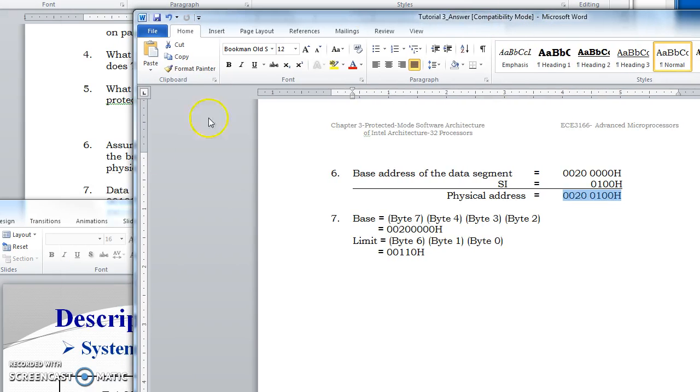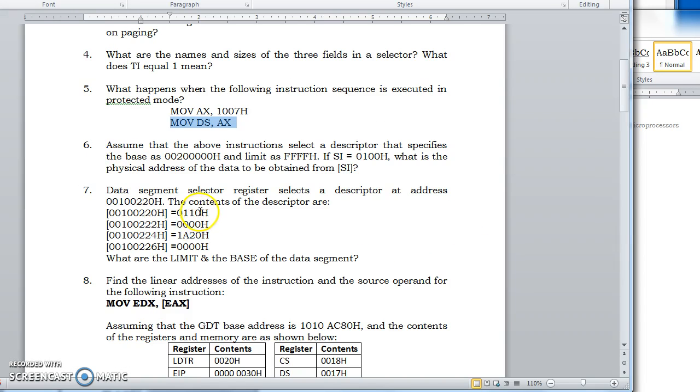So if we map it to the answer, this is byte 0, byte 1, byte 2, byte 3, byte 4, byte 5, byte 6, byte 7.